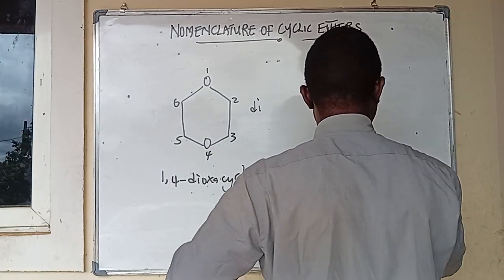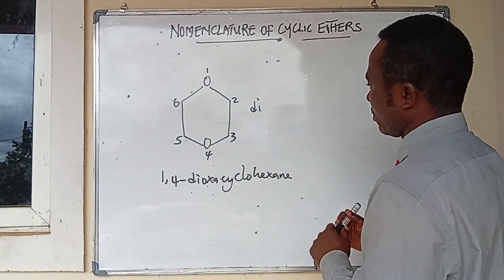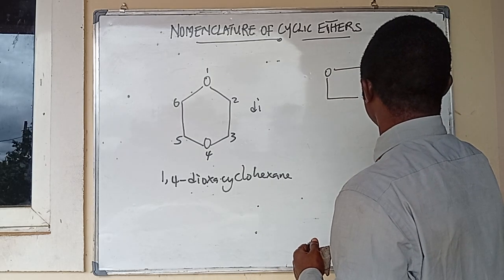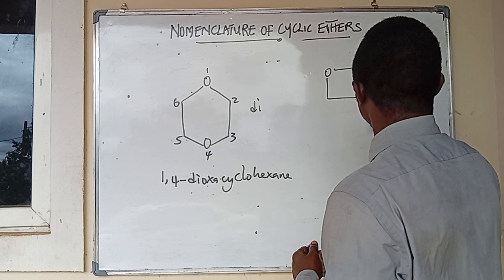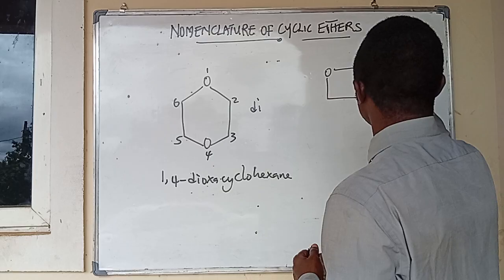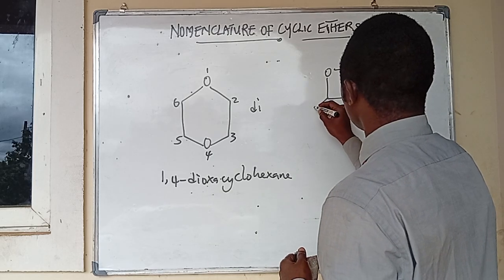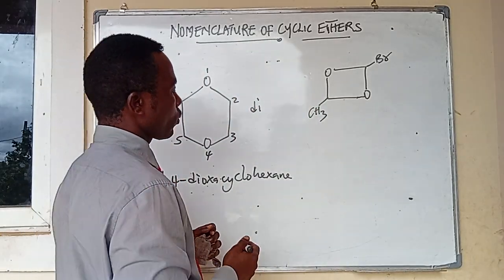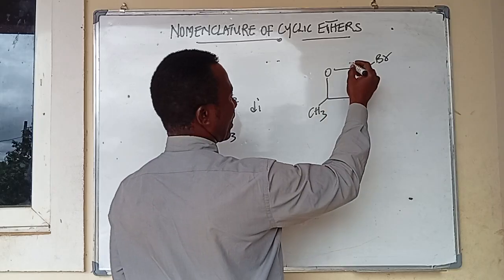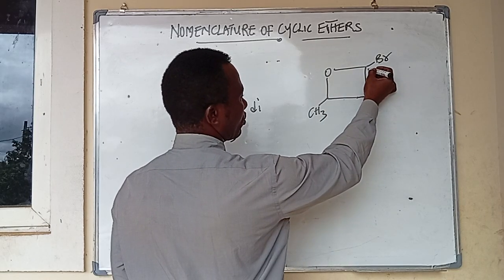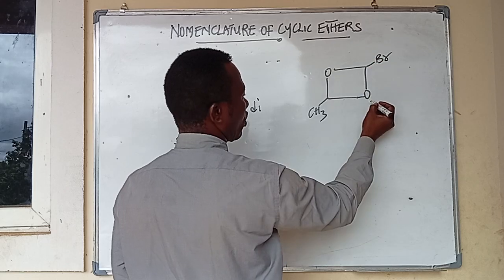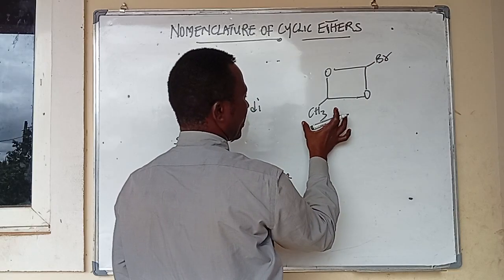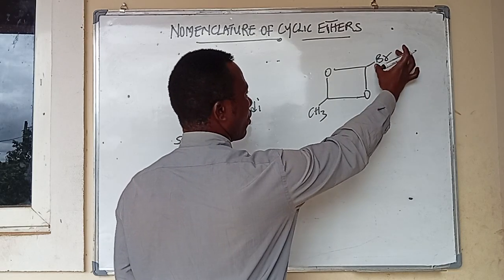You can also have a substituent. Let's say we are having a compound of this nature to name, and here is a Br, and here is CH3. So what will be the name of that compound? All right, so we can number here 1, here becomes 2, or we can number here 1, here becomes 2. But since bromo is least in alphabet to methyl, we favor bromo.